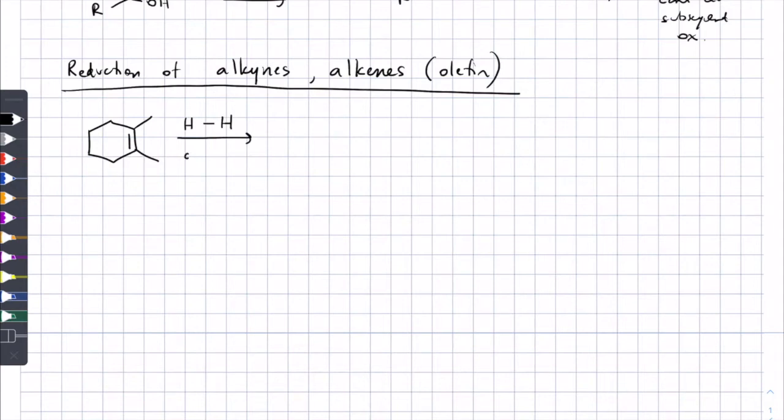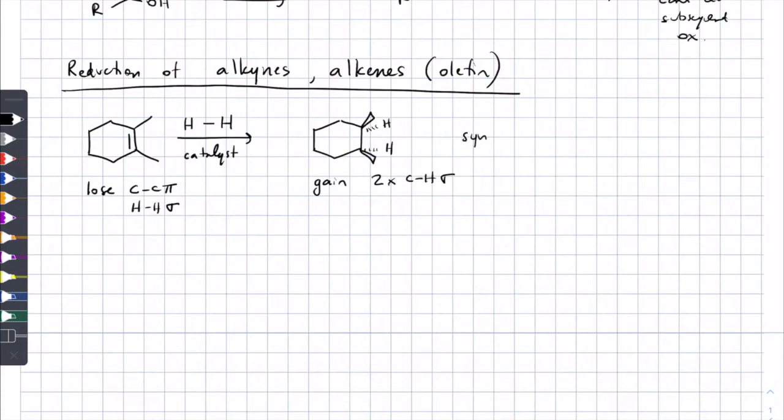And it turns out that we have a catalyst that will facilitate this process. It's actually thermodynamically favorable to lose the carbon-carbon pi bond and the hydrogen-hydrogen sigma bond, and to gain two new carbon-hydrogen sigma bonds. And both of the hydrogens, when we use this catalyst, get added to the same side of the original double bond. So this is another example of a syn addition.